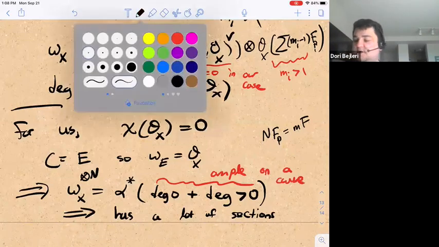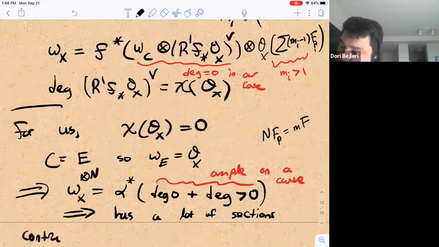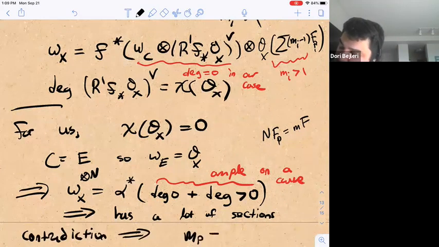But that contradicts our assumption, which is that we're in the Kodaira dimension minus infinity case. So that's a contradiction.